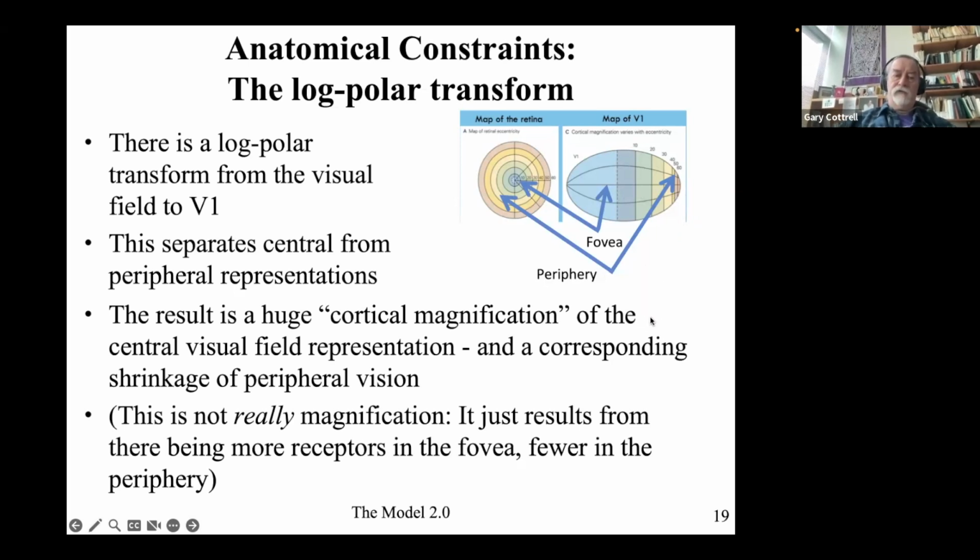So you get this huge cortical magnification. Now, it's not really magnification, it's just that you have so many inputs coming from here, it has to go somewhere, and that takes up a large fraction of V1.